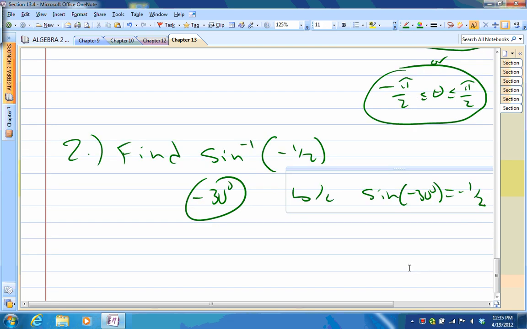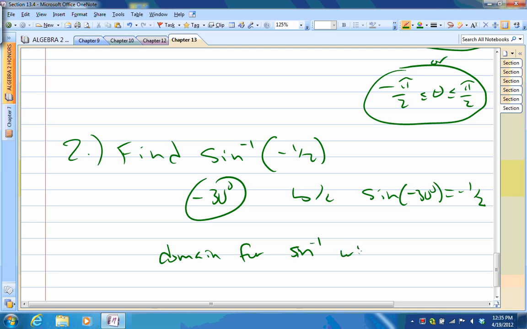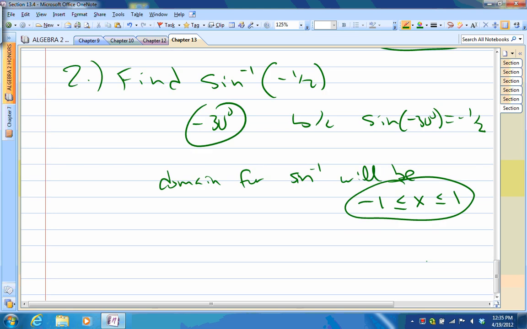What it also means is that the domain for inverse sine will be the following. Or actually, we should probably use an x. The domain will always be between negative 1 and 1 for inverse sine.